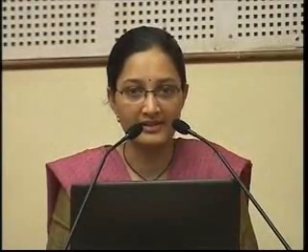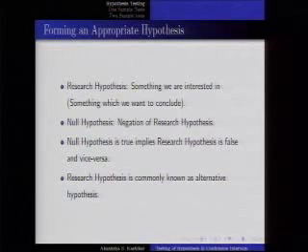So what is a hypothesis? Before we start with any research, we need to have some assumptions. We need to state something which we are going to test. So there is something known as the research hypothesis, which is the thing that we are interested in. So basically, we want to conclude something about that research hypothesis.